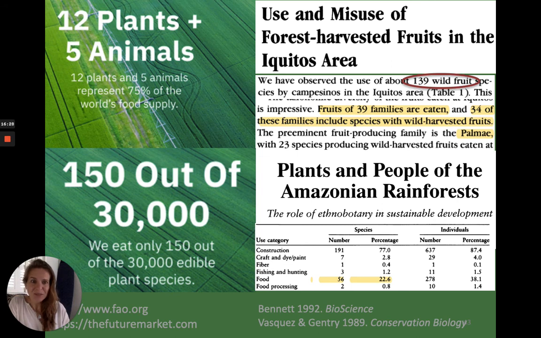That's very different when we think about the variety of plant species that more traditional communities use, or indigenous communities, for example, in which most of their diet is based on different fruits, and that represents a much higher percentage of their daily intake of calories.